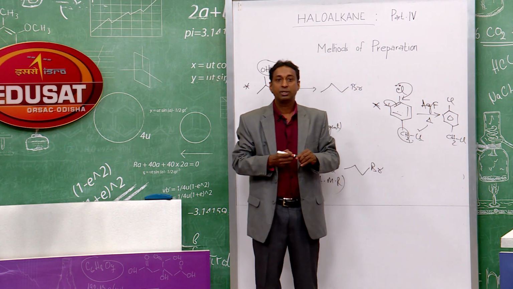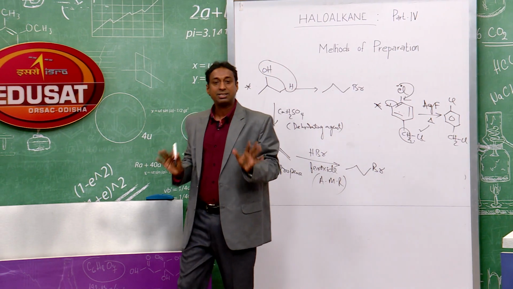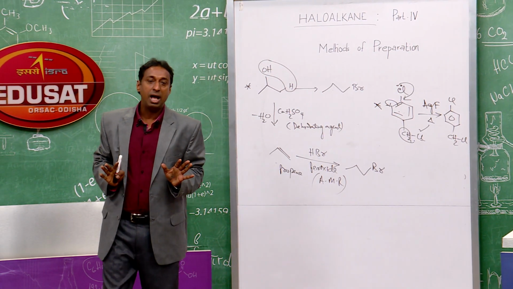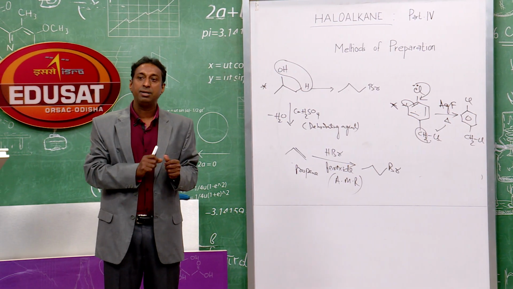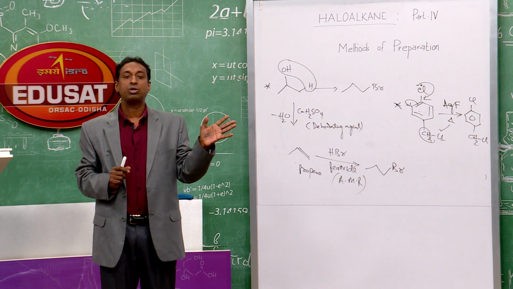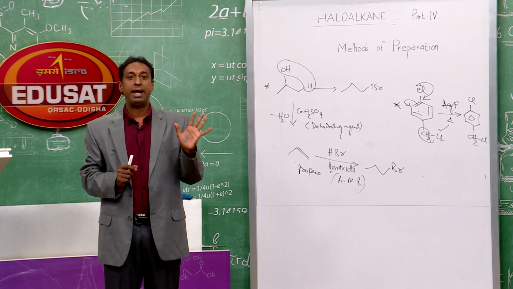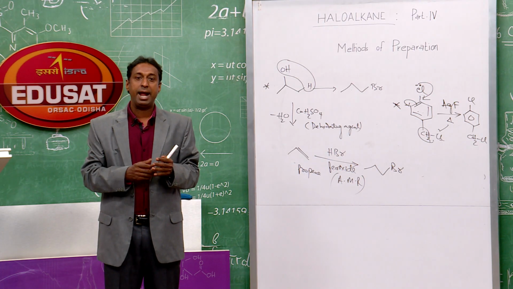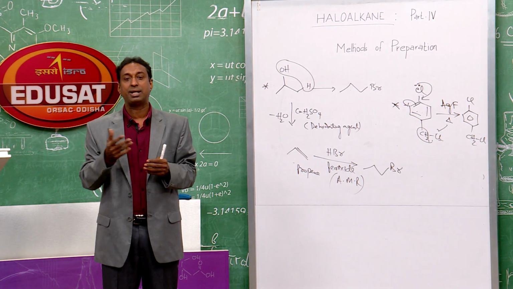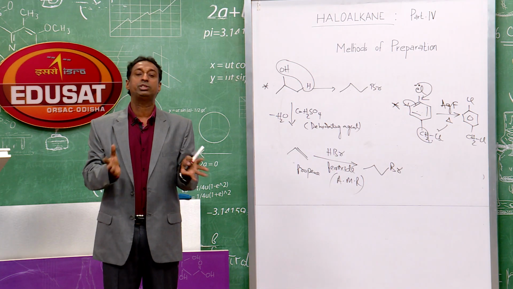So, students, in this class I have discussed how you can prepare haloalkanes from alkanes and from alkenes. Also, in the previous class we discussed it, and in today's class we have discussed how to prepare from alcohols and from the Swarts reaction, the Finkelstein reaction and the Hunsdiecker reaction.